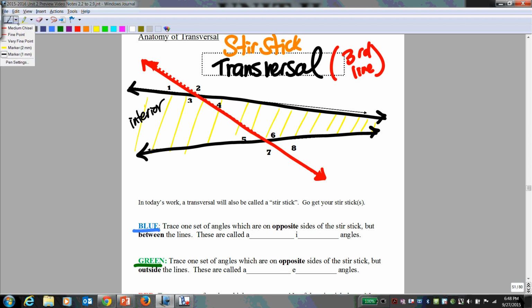We're going to trace two angles, which are on opposite sides of the stir stick, but still between the lines. So I'm going to sweep 4 and 5 with blue. Notice blue. Do not put hatch marks. They're not equal in this case. These angles, opposite sides of the stir stick, but between the lines, those are called alternate interior. Alternate interior angles.